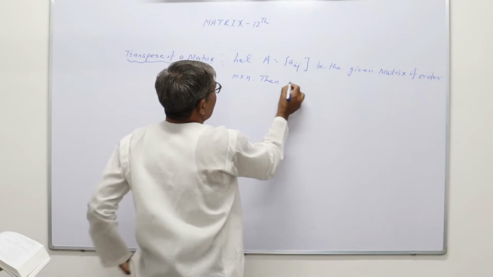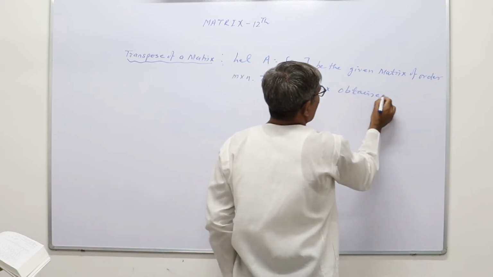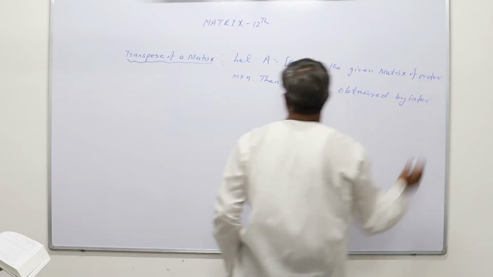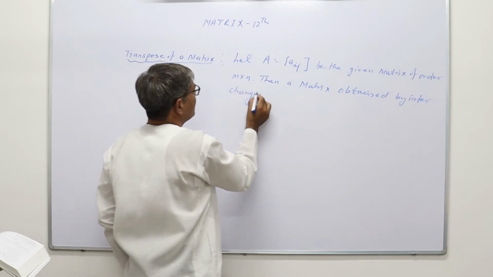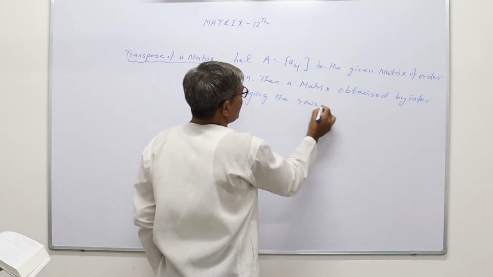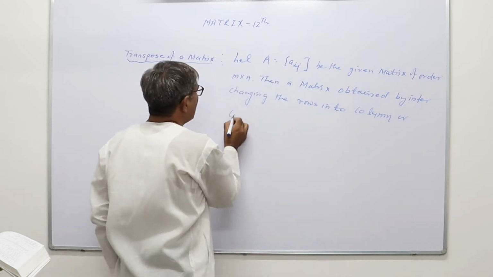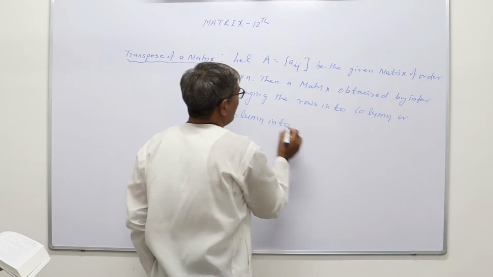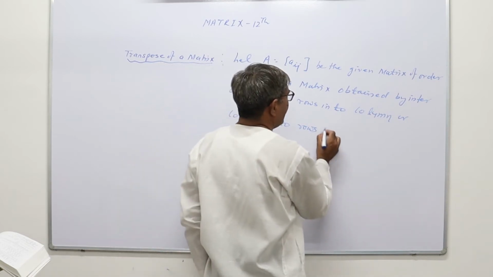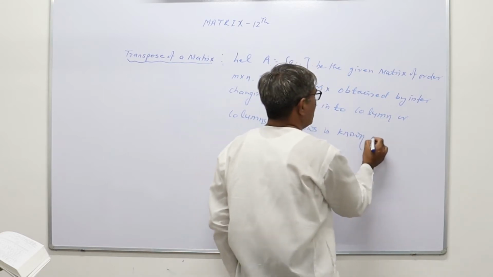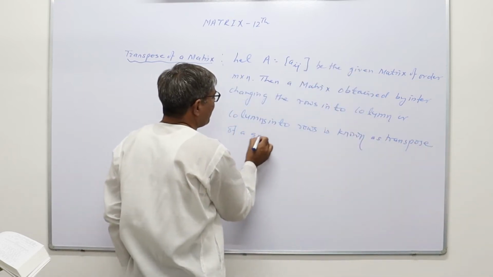Then a matrix obtained by interchanging the rows into columns, or columns into rows, is known as the transpose of the given matrix.